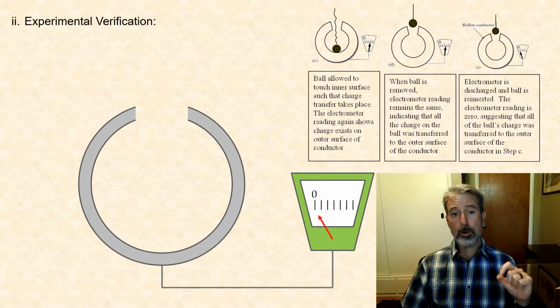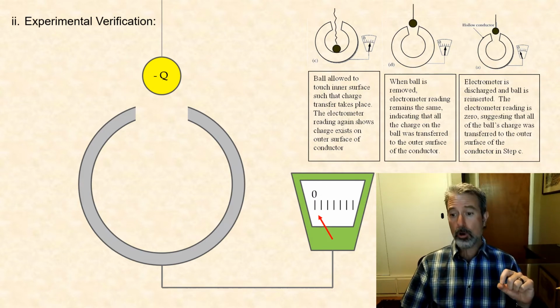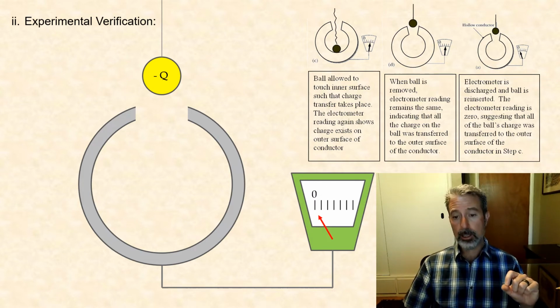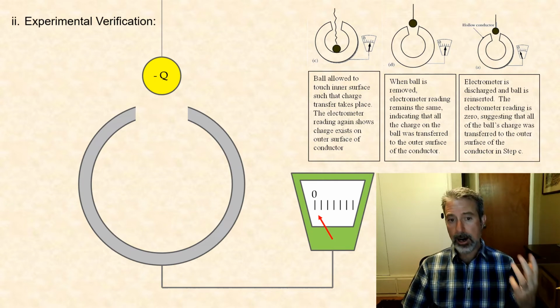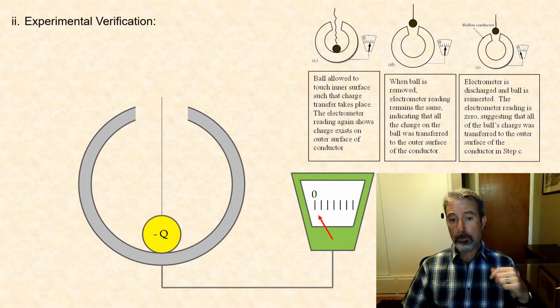So finishing what we started in the last slide, we now take the same charged ball, notice it's charged to minus Q just like it was previously. Now we're going to charge the electroscope and the conductor by conduction. We're actually going to lower the ball and make contact. And when we do so, because contact is made, charge can now be transferred.